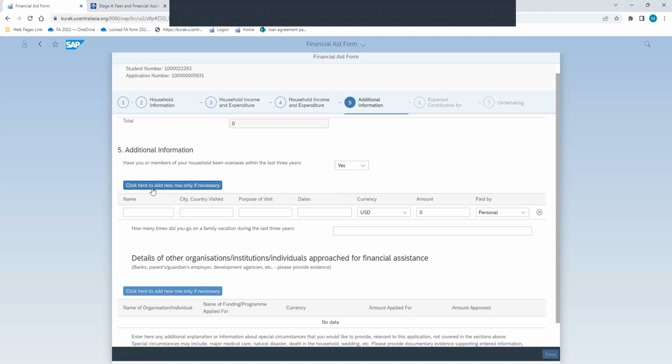If yes, I have to add a line again, and I have to write down, maybe it was Helen, mother, visited, suppose, New York. Purpose of visit might be business.